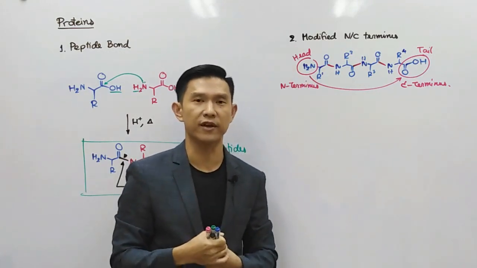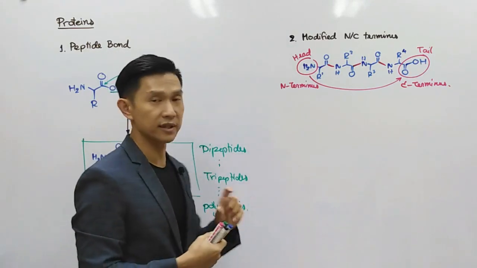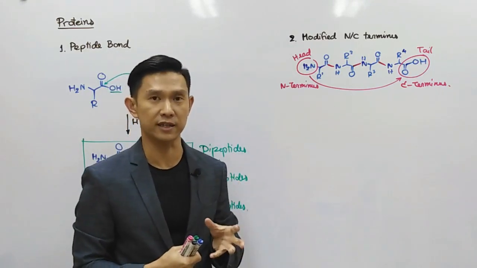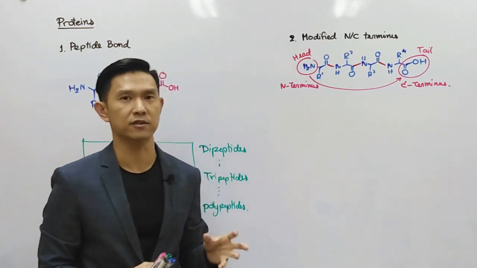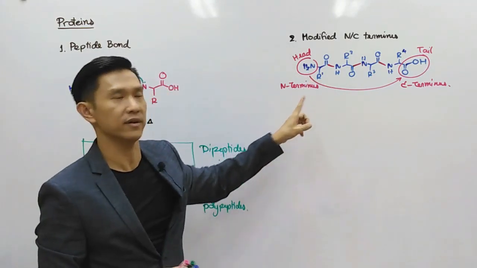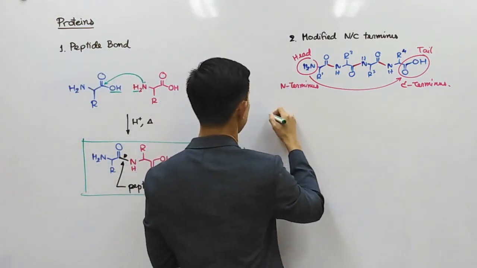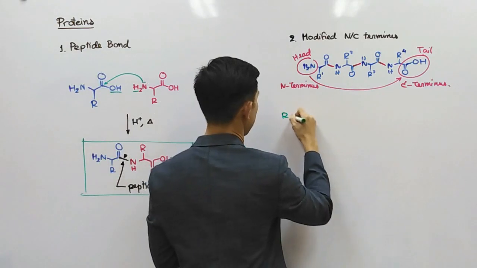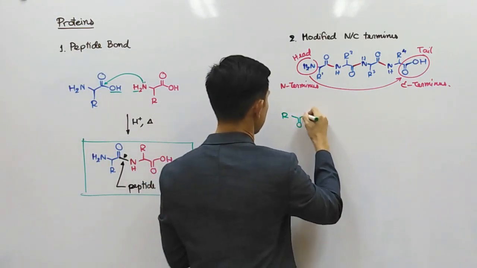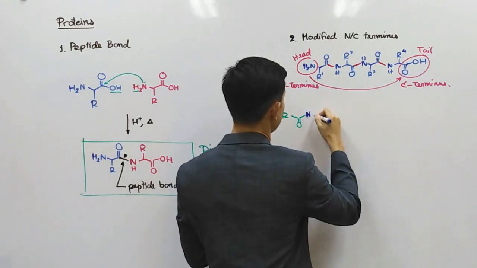Or sometimes if we have a fatty acid, fatty acids also contain a carboxylic acid group, right? So the carboxylic acid from fatty acids can also modify the N terminus, right? So instead of having this, we have a fatty acid come around and modify the N terminus. So what we can have is like this.